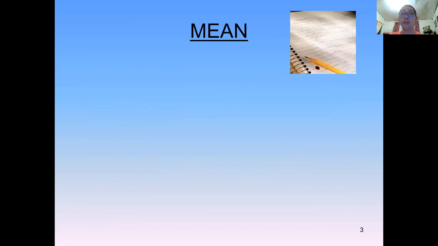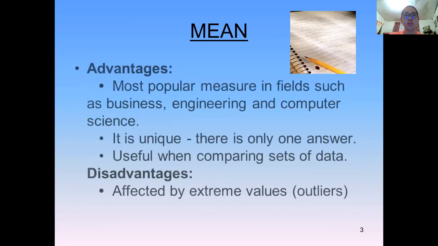So now let's start with the mean. How to get the mean again? A mean, as I mentioned a while ago, is the average of the given set of data. One of the advantages of the mean is that it is the most popular measure in fields such as business, engineering, and computer science.